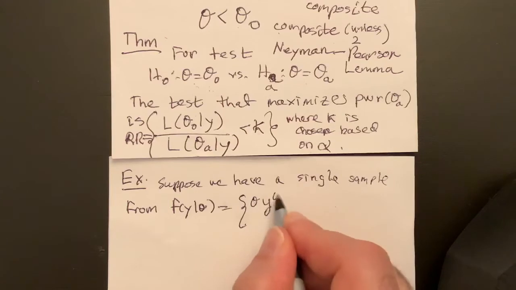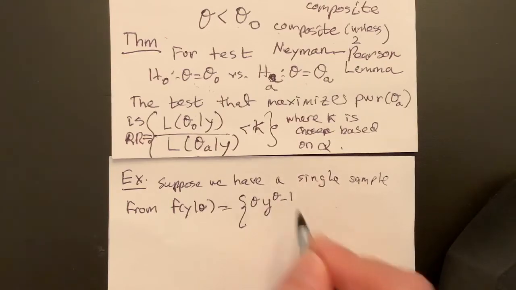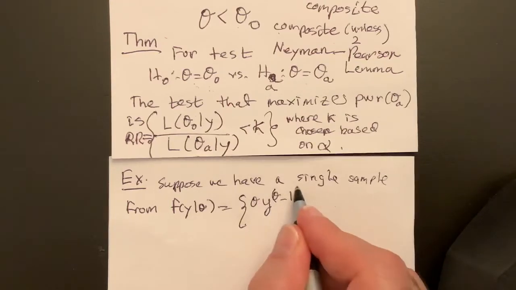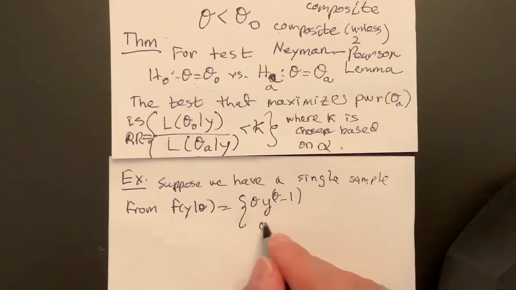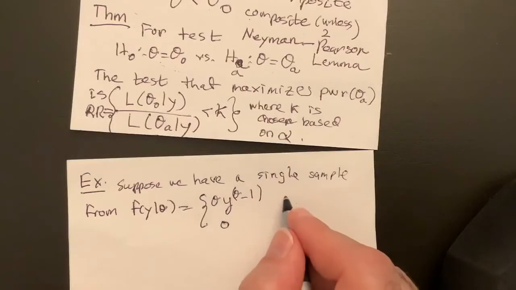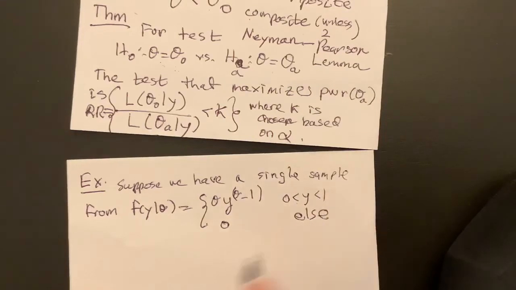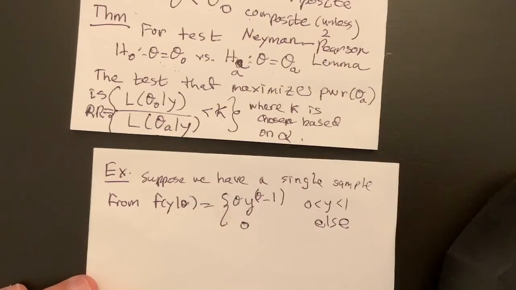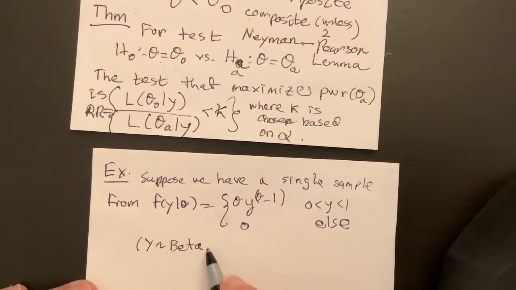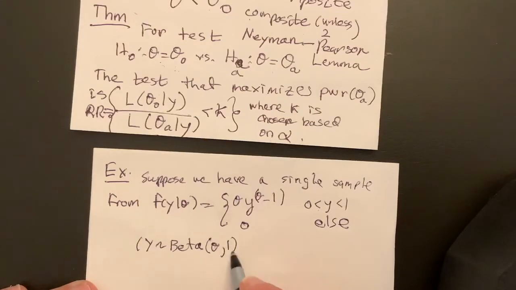equal to theta y^(theta minus 1) for y in (0,1), and 0 else. In other words, if you remember, y is beta, the first parameter is theta, the second parameter is 1.